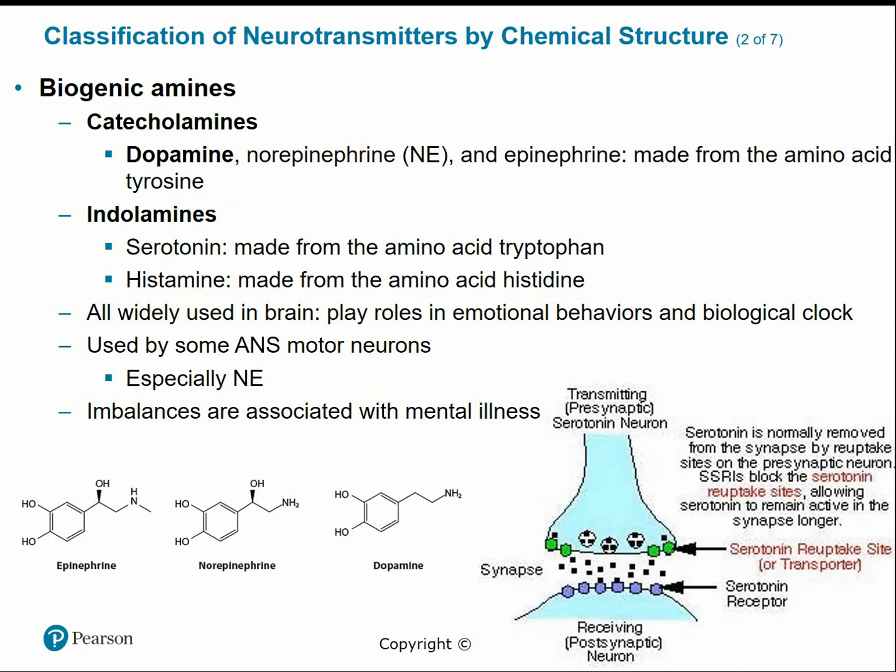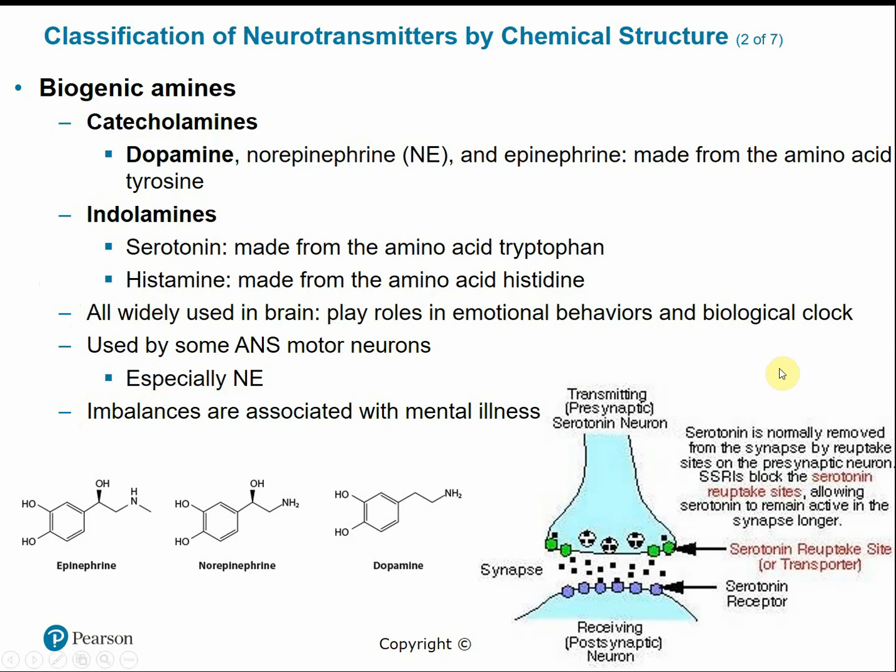Like if you have allergies, you take Benadryl, which is an antihistamine, which prevents some of that inflammation and irritation with allergies. All of these are widely used throughout the brain, playing roles in emotional behaviors as well as biological clock. And some of the imbalances with these particular neurotransmitters can be associated with mental illness. Particularly serotonin.